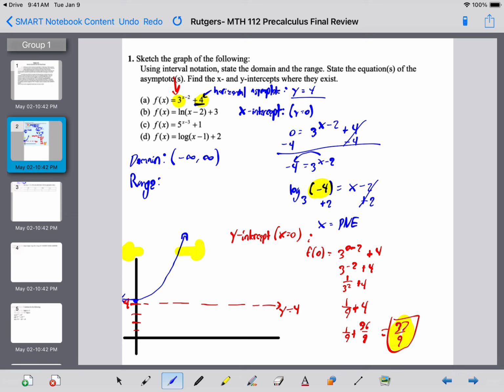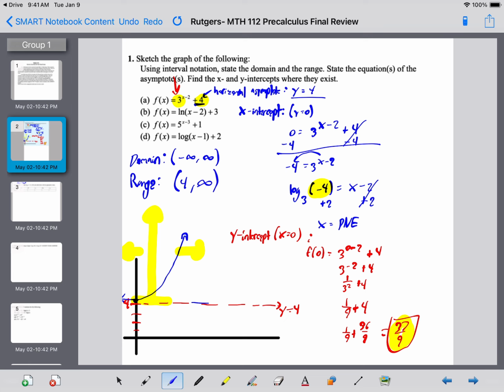Now for the range, it starts at 4, even though it doesn't actually equal 4, and it would keep going up forever. So that's 4 to infinity. But since we cannot include 4 because there's a horizontal asymptote there, which means that it approaches but never touches that line, we have to use parentheses because the function will never actually reach 4.